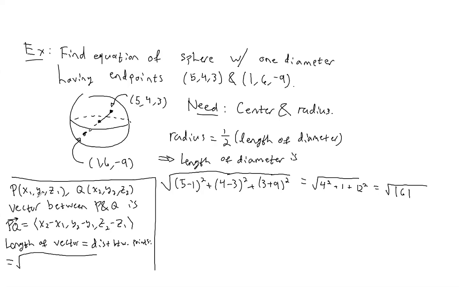The magnitude of the vector is the same exact thing: the square root of (x2 minus x1) squared plus (y2 minus y1) squared plus (z2 minus z1) squared. So yes, the distance between points and the magnitude of a vector are basically the same exact thing.